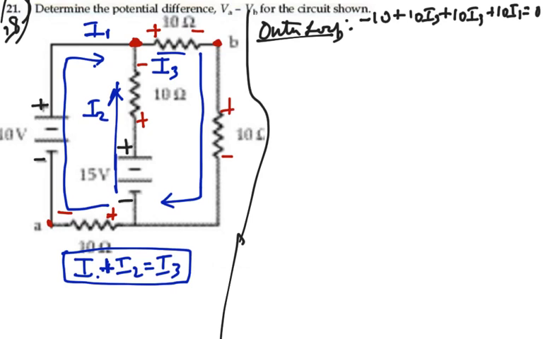So I want I1 in terms of I3, so I have 10I1 is equal to 10 minus 20I3, or I1 is equal to 1 minus 2I3.